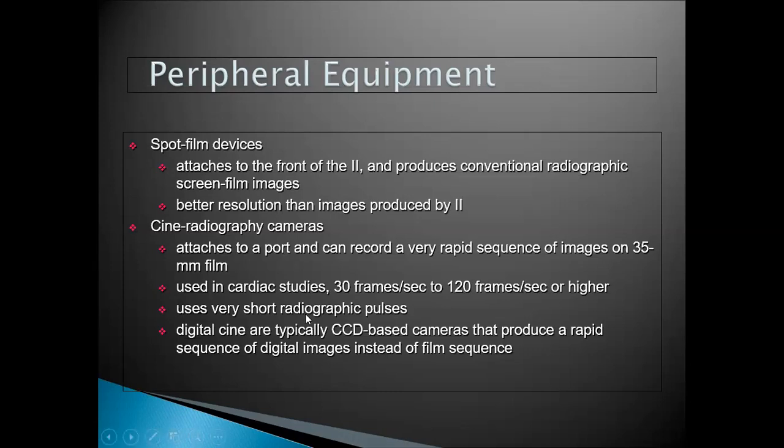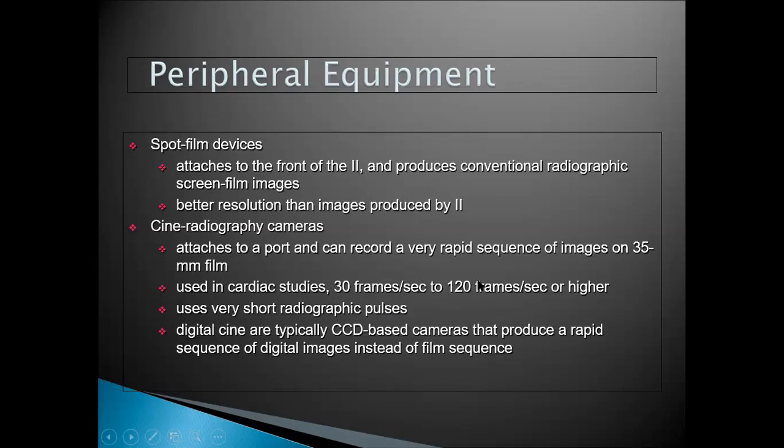I may use it in cardiac studies, where it can operate from a frame rate of 30 frames per second to 120 frames per second, or even higher. Of course, we need this very high frame rate to reduce lag, because if you use a low frame rate, the contrast resolution will be very poor because it's going to suffer from so much lag.